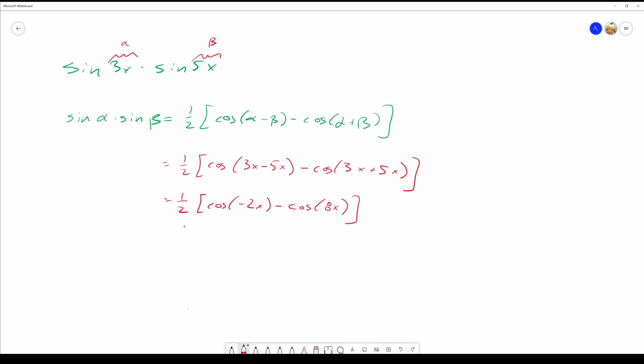And just as a note, I can change this to plus because cosine of negative x equals cosine of x, because cosine is an even function.